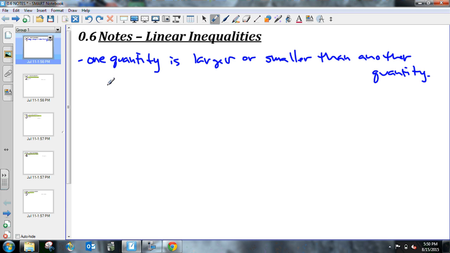So let's take something like this, for example. Let's say that I have the number 2. 2 is a number that is less than, which is smaller than 10. Consequently, you can reverse this and say that 10 is larger than 2.